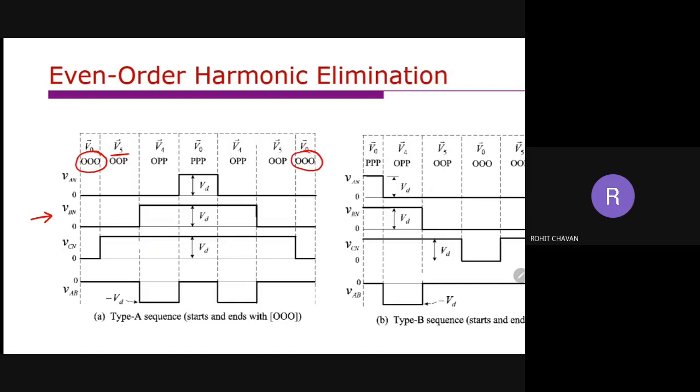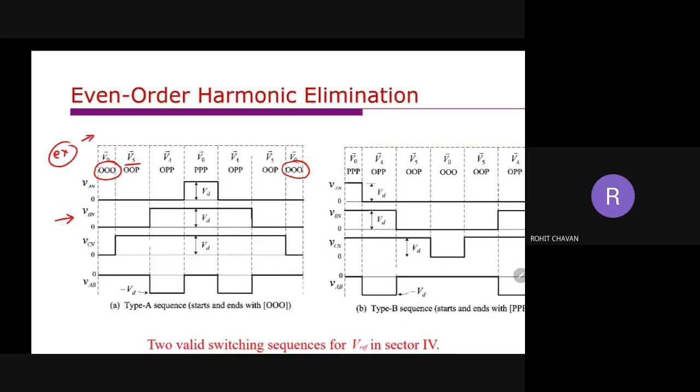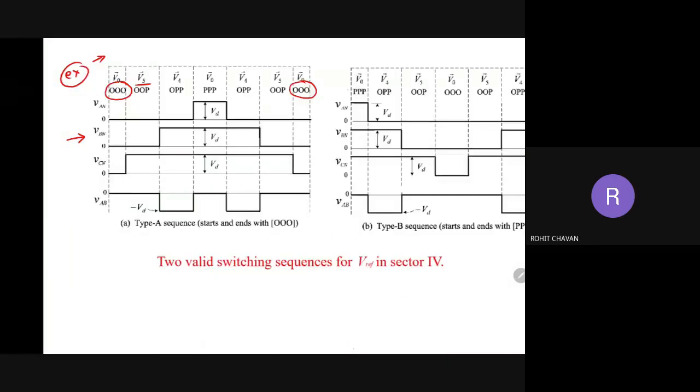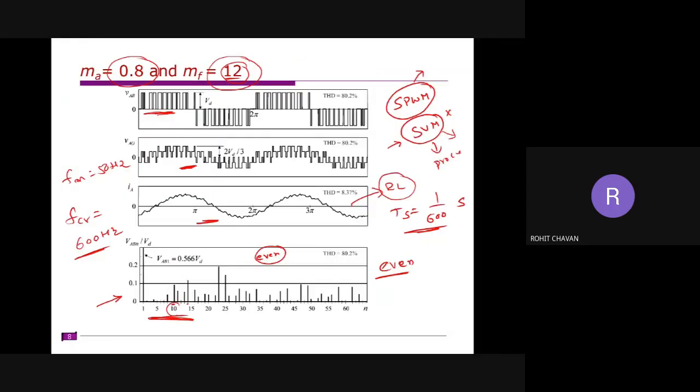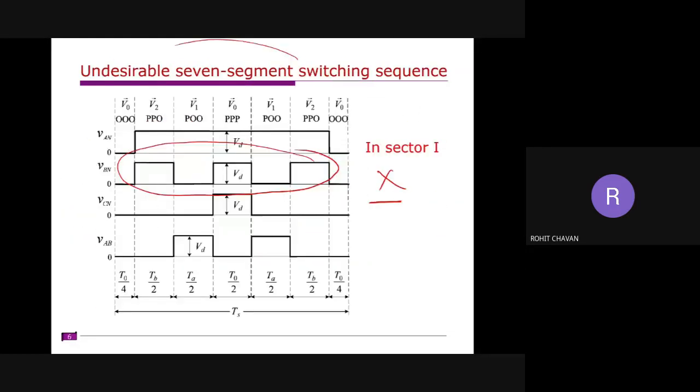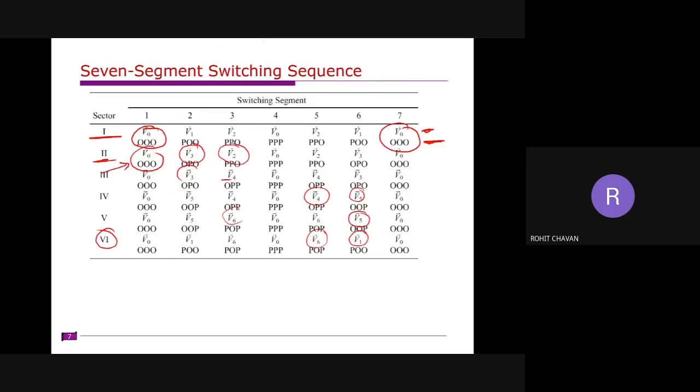Clear? This is what we discussed for the 7-segment switching sequence. But the difference is, in this example I took the vectors V4 and V5.